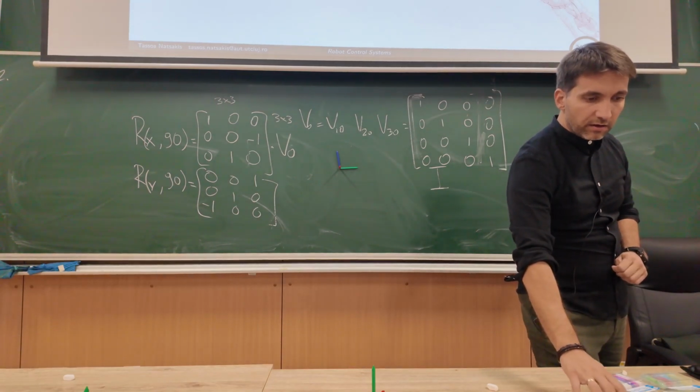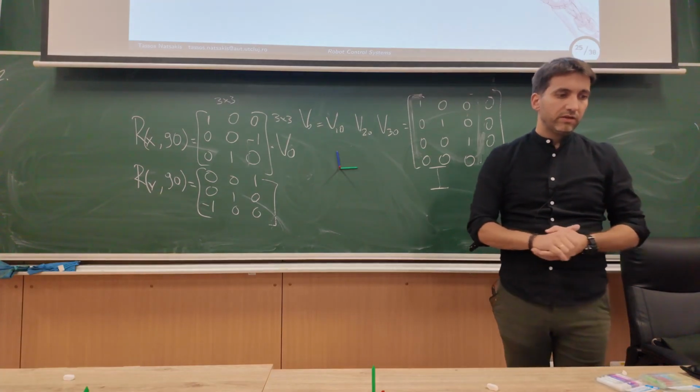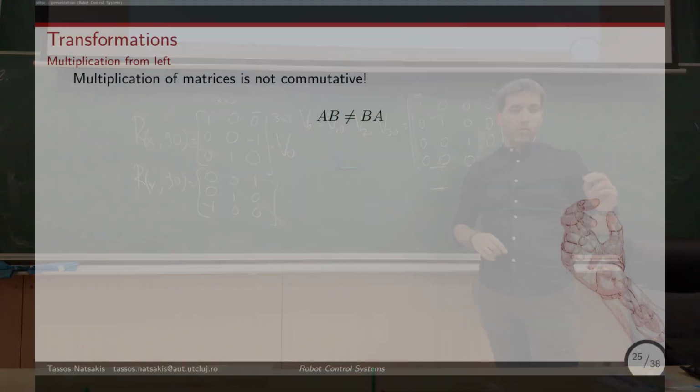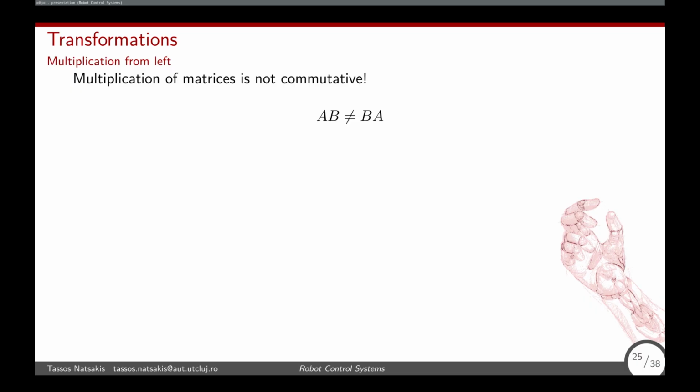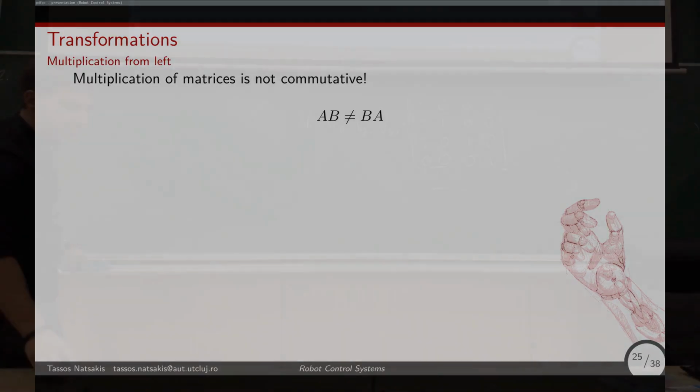Right. Now, let's go back to what you asked. When I transform things, I say I multiply things. And since we have square matrices, 4 by 4s from now on, I can multiply either way.